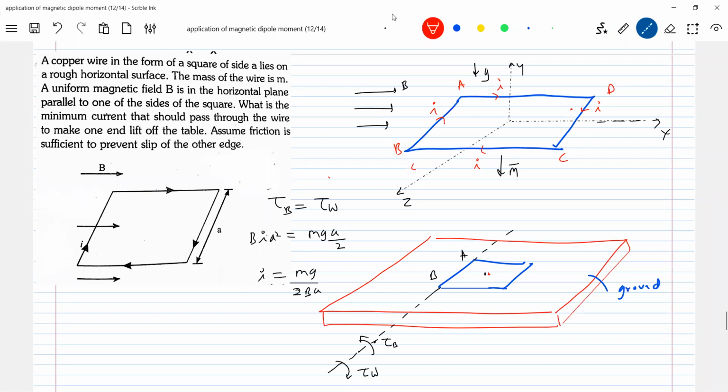I'm not analyzing like this, no. This is the center of mass. So I'm showing it here. Is it justified?